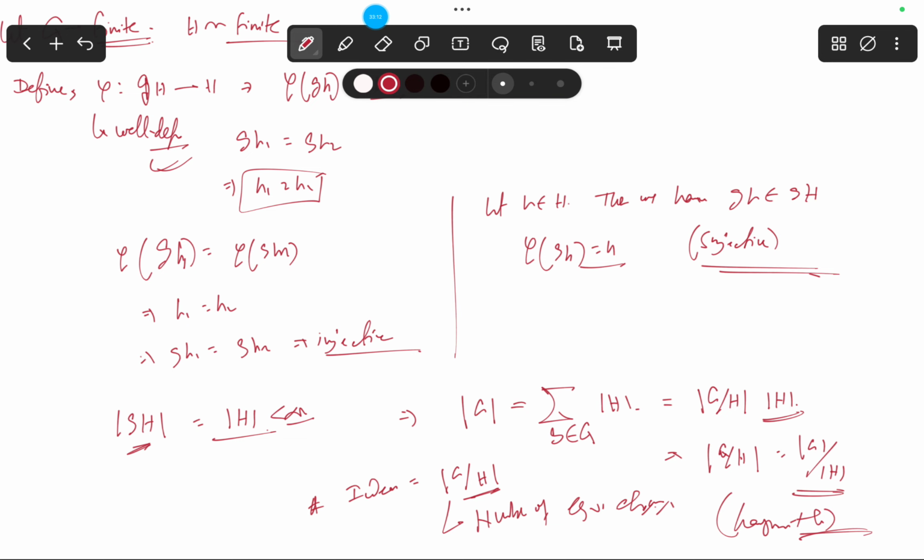Now note that the motivation for studying the Lagrange's theorem was whether it is always true that the cardinality of any subgroup will divide the cardinality of G. The answer is yes, because the number of equivalence classes is finite, and in fact it's a natural number.